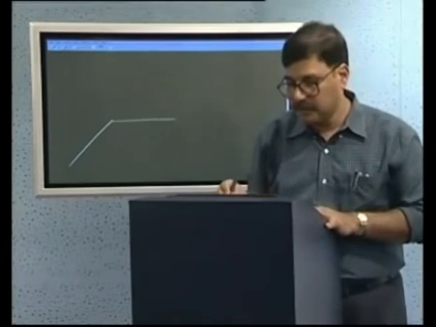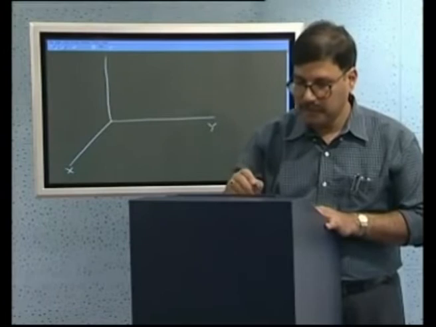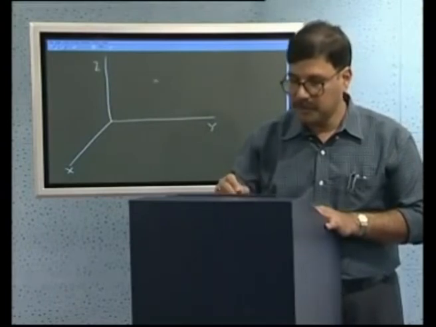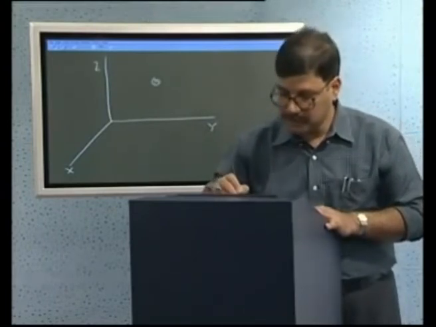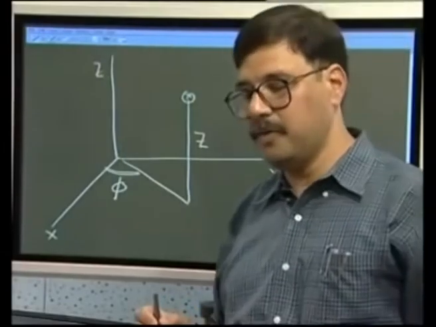So, I have x, y and z. The position of the particle is here, which is at a height z from the xy plane. In the xy plane, the radius vector makes angle phi from the x axis.